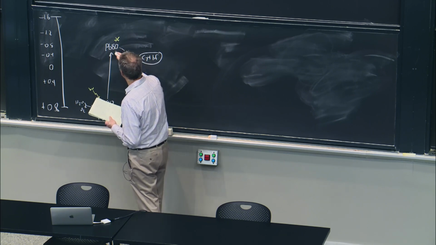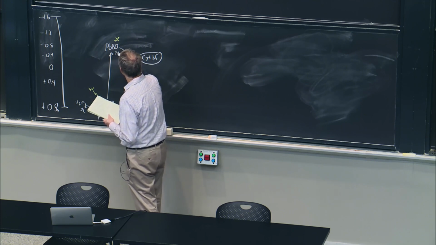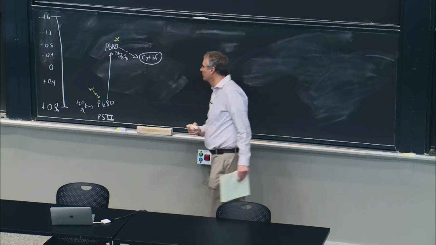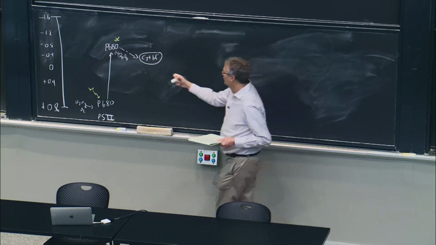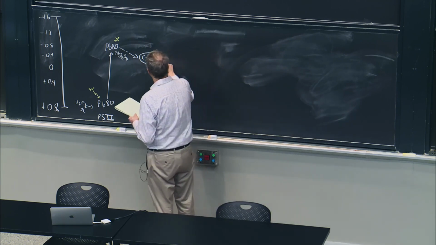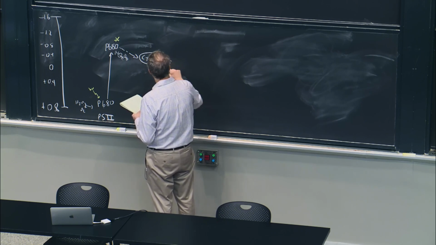That's favorable, so this would go here through the pheophytin, QA, QB, etc., through a Q-like cycle to get to cytochrome BF and pump a proton. That would then transfer to plastocyanin.